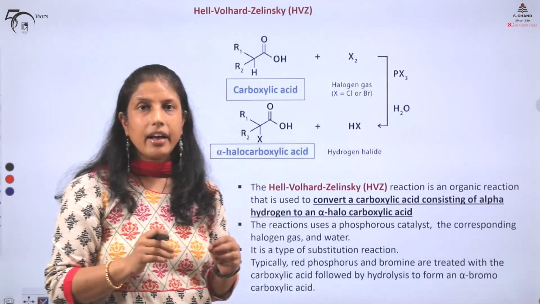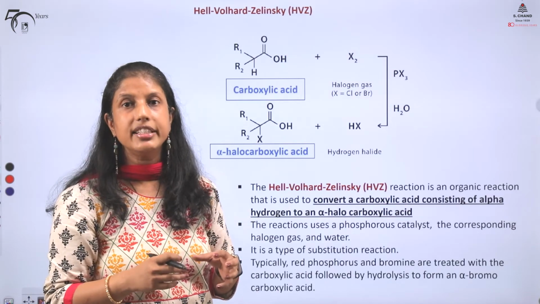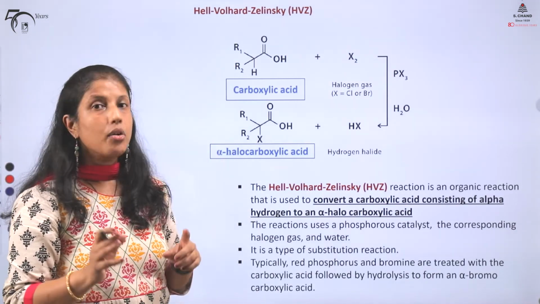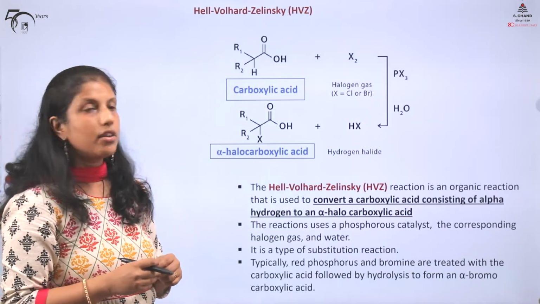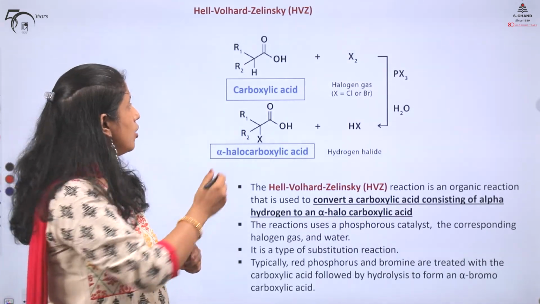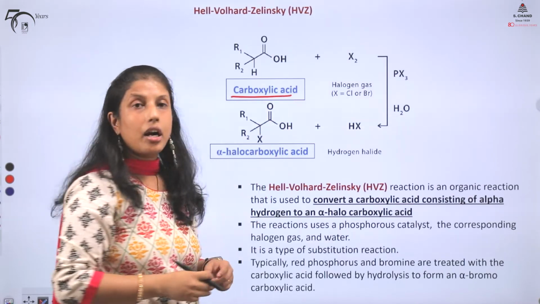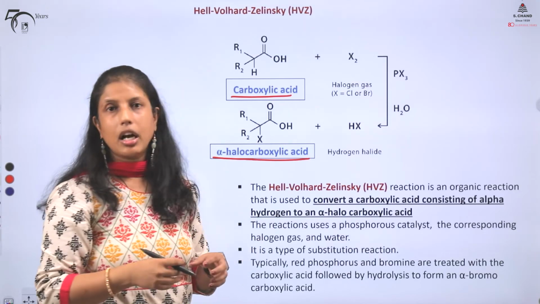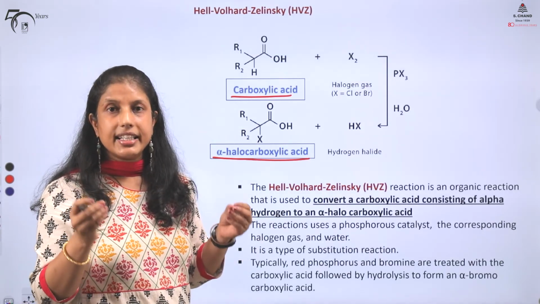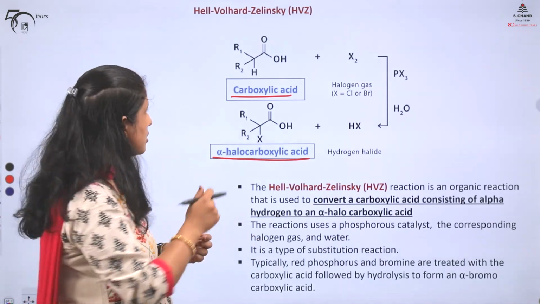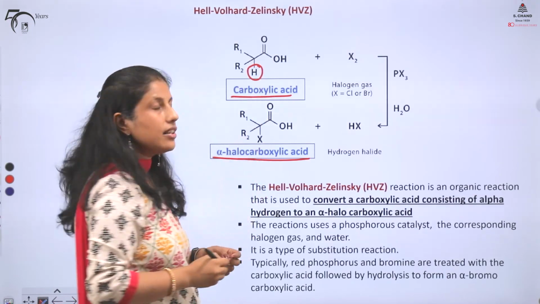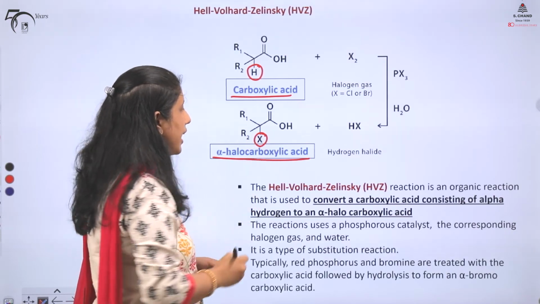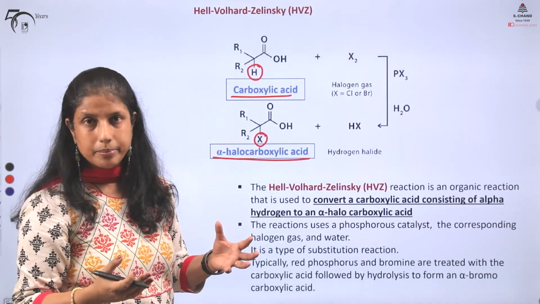Finally, we have what is known as an HVZ or a Hell-Vollhard-Zelinsky reaction. What happens here? Here it's an organic reaction where we can convert our carboxylic acids into an alpha halocarboxylic acid. It's an example of a substitution reaction where one of the alpha hydrogens can easily be substituted with a halogen atom.